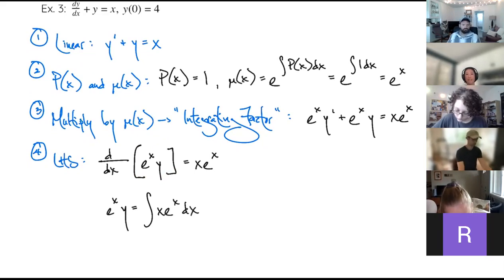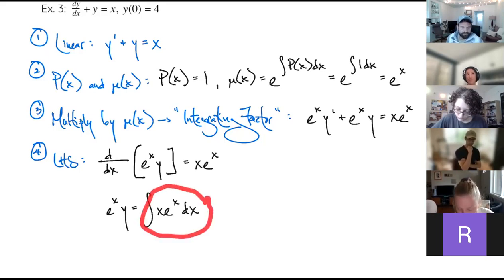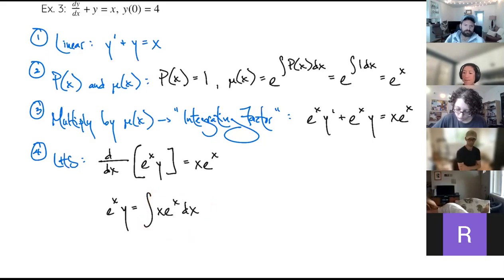All right. So the front end of this problem, not too bad. The back end is going to be a little bit trickier because what method do we need to integrate that right-hand side? Integration by parts. Yeah, we're going to need to do integration by parts, okay?